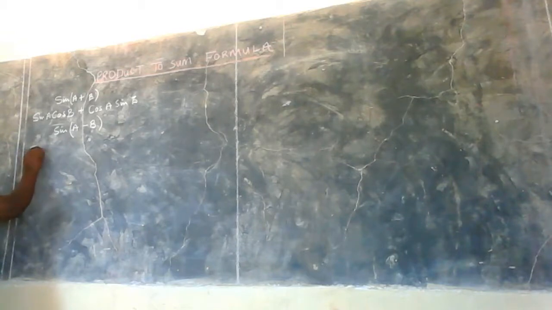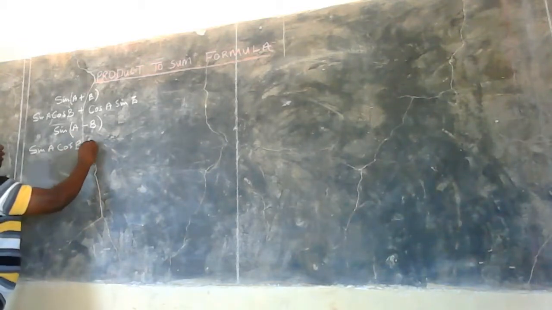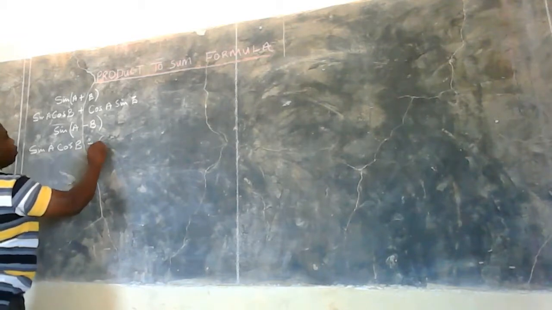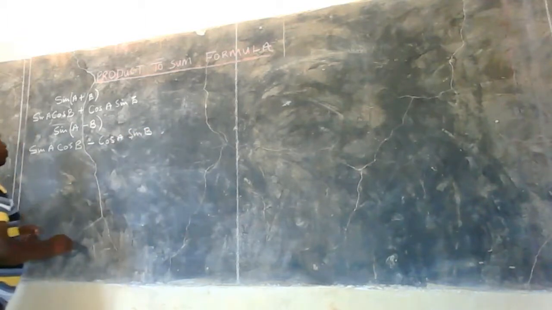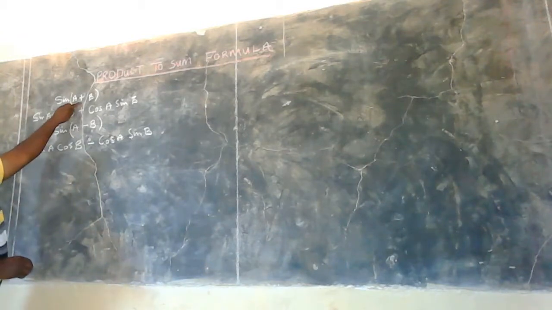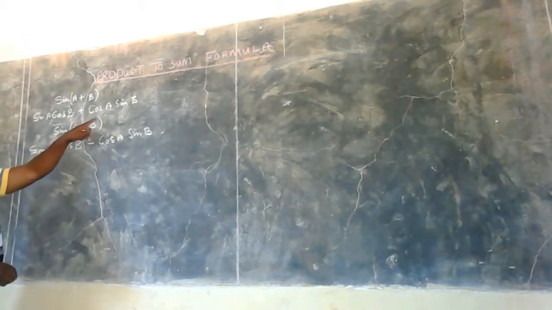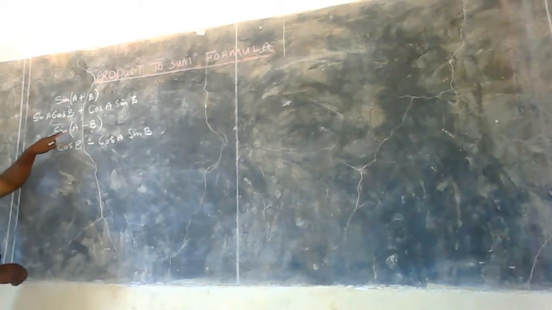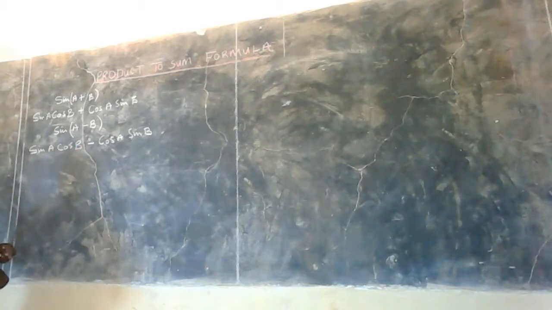It will give us sine A cosine B minus cosine of A sine of B. So we notice that with the sine expansion, if we have a positive there, it will be maintained as positive in the expansion, and if we have a minus there, we are also going to have a minus right here.